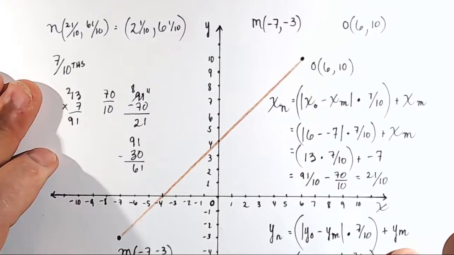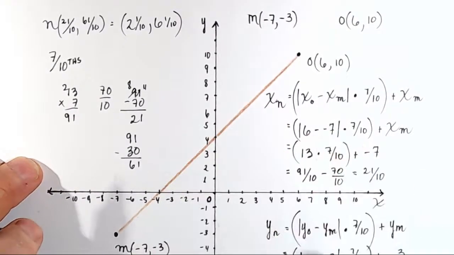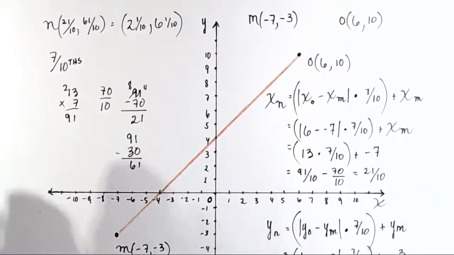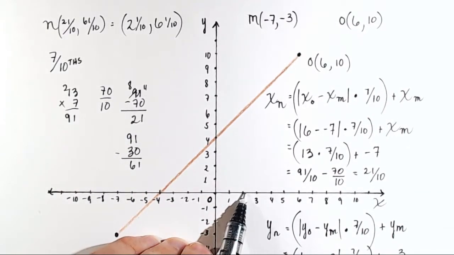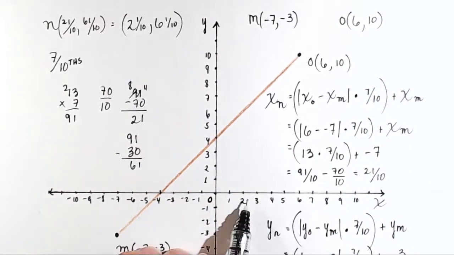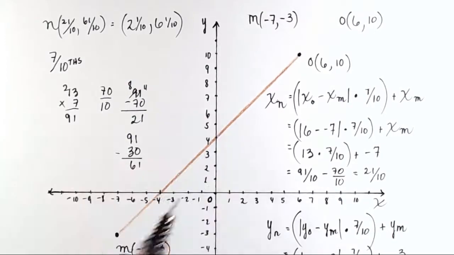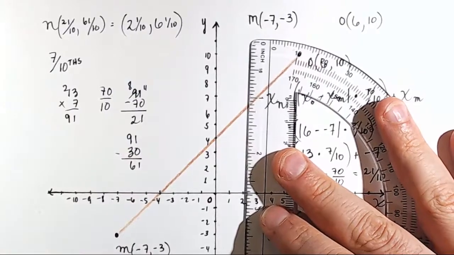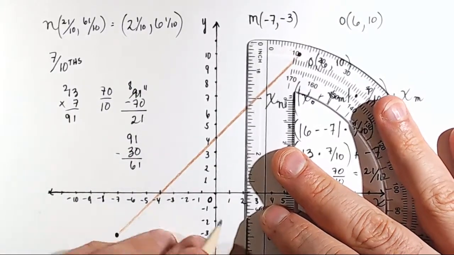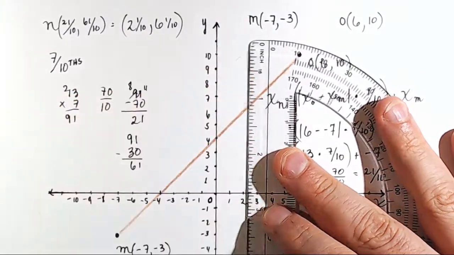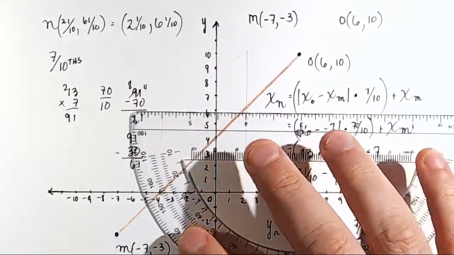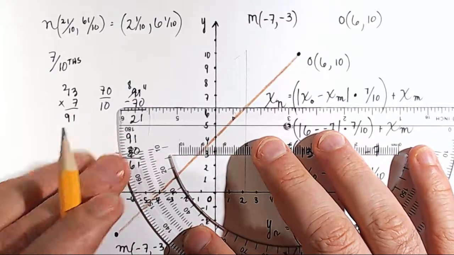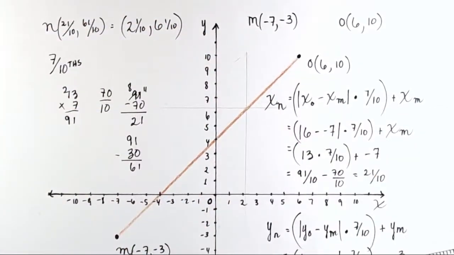And let's see if that falls somewhere on this line. I mean, if it doesn't, well then, my God, we've done it wrong. So let's go a hair past 2. It's going to be impossible to estimate. And then a hair past 6. Let's see where we get with that. Sometimes I like to put in these little guidelines. Okay, so a hair past 6 and a hair past 2. There it is.